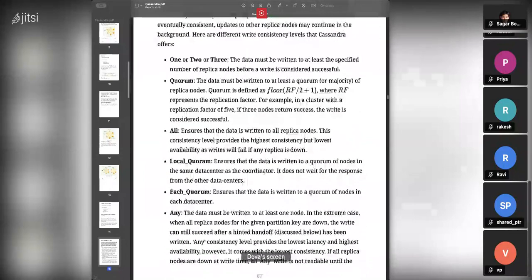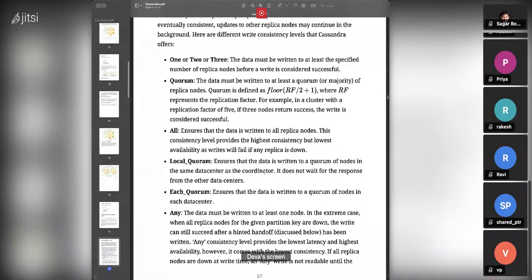The data must be written to at least the specified number of replica nodes before a write is considered successful. Quorum: the data must be written to at least a quorum, or a majority, of replica nodes. Quorum is defined as floor of RF by 2, plus 1, where RF represents the replication factor.